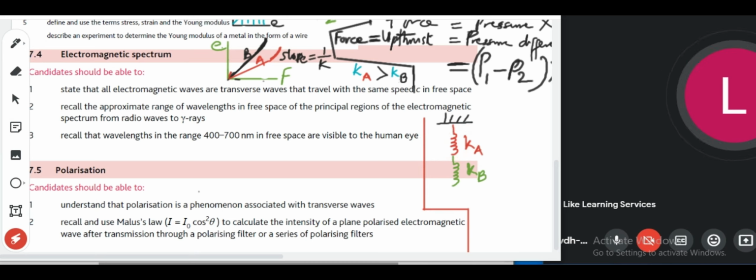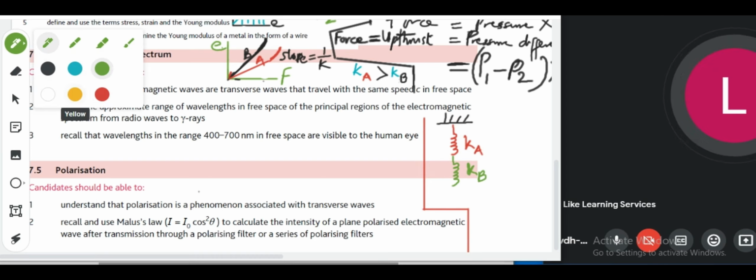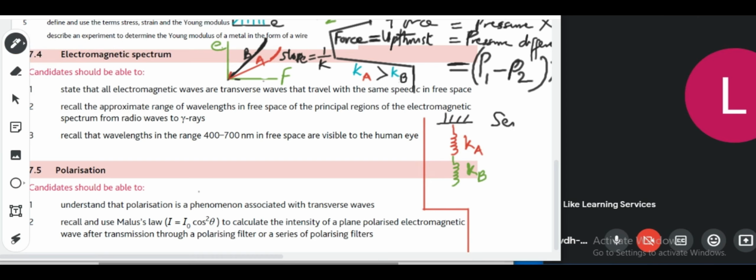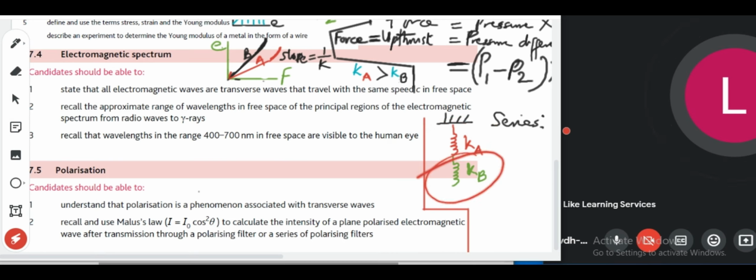The second spring is B, having a spring constant of Kb, the one in green, connected in series. That's end to end, one end to another end.